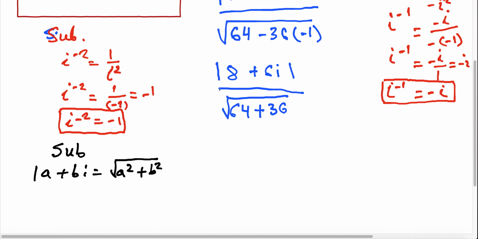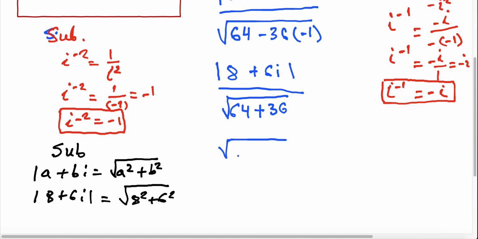And as we see here, 8 plus 6i, the absolute value of 8 plus 6i is equal with the square root of 8 squared plus 6 squared. And now I'm substituting here instead of the absolute value with the square root of 8 squared plus 6 squared.